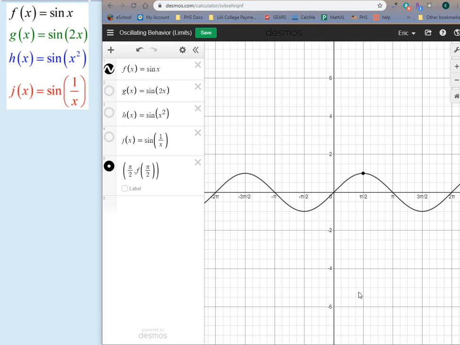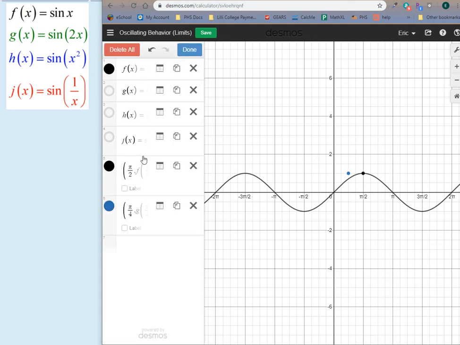So what did that do then? Well, look where it puts it. I'm going to make that green so it matches.